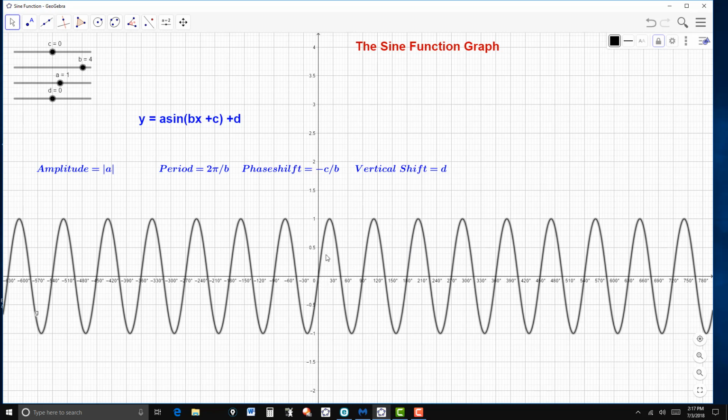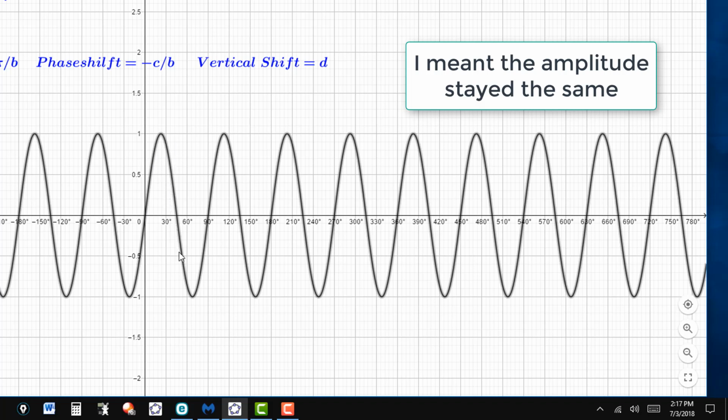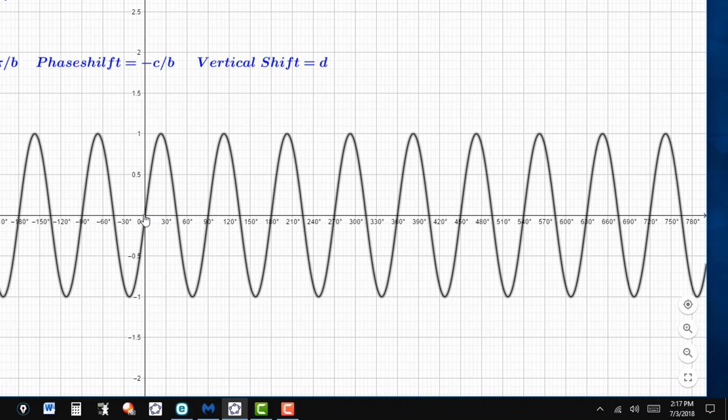Notice again the amplitude stayed the same. But notice the graph now, the main period here. This graph just repeats, in the original case every 360 degrees. In this case, with the period change, it goes from 0 to 90 instead of 0 to 360.